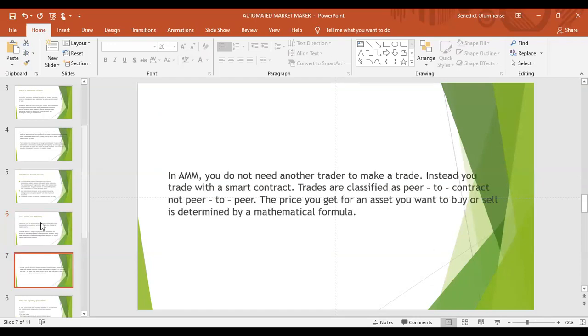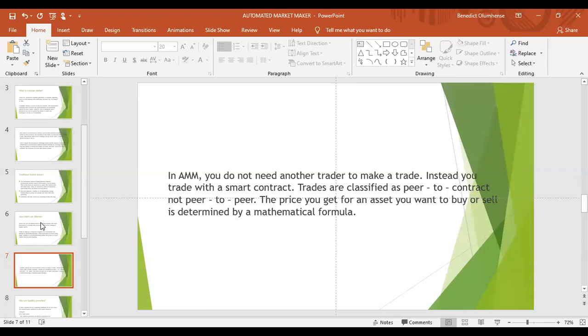So a very clear example of this is that in the old traditional market makers, you need trader A and trader B to be present to facilitate that exchange. Whereas in an AMM, you don't need another trader to facilitate this trade. Instead, one trade is happening. A trader is making a transaction with computer software, right?